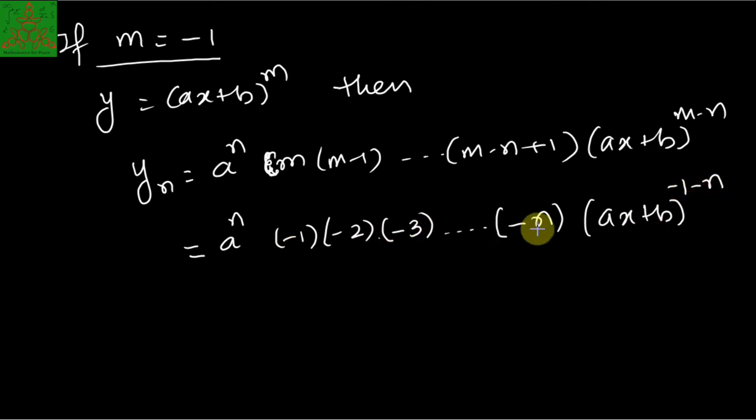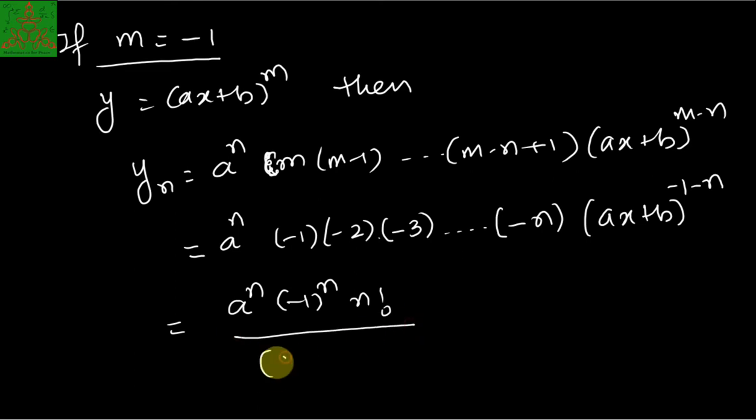How many times is the minus sign there? We can say it is n times, so that is a power n into minus 1 raised to n. The remaining quantity is 1 into 2 into 3 up to n, so it is n factorial. And the (ax plus b) I can write in the denominator as (ax plus b) power n plus 1.